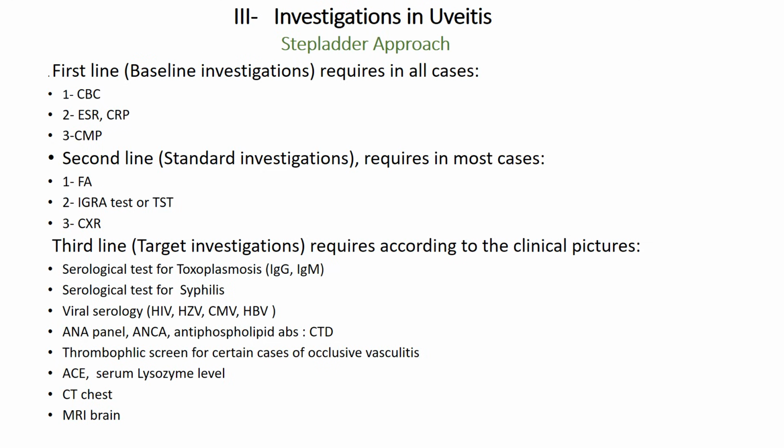Step 3, targeted investigations selected according to the clinical picture, includes serology for toxoplasmosis, serology for syphilis, virus serology, ANA panel, ANCA test, antiphospholipid antibodies, thrombophilic screen, ACE and lysozyme level, CT of the chest, and magnetic resonance imaging of the brain.